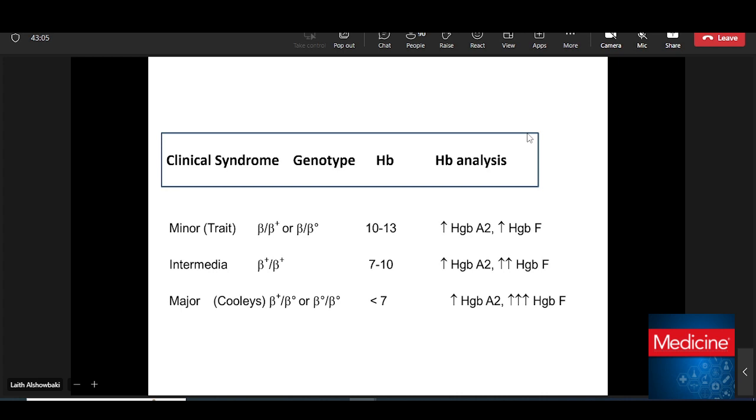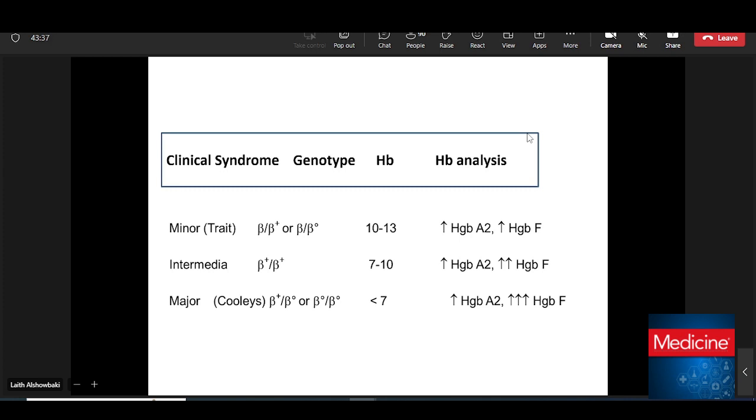Imagine if we have two affected beta chains, then you will end up with thalassemia major, beta thalassemia major. One affected indicates minor, and intermediate is a mixture between both, so a moderate form of anemia. And this goes for beta thalassemia.